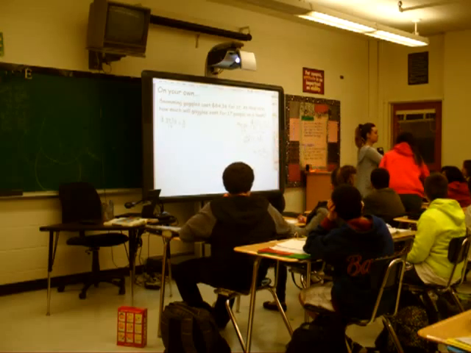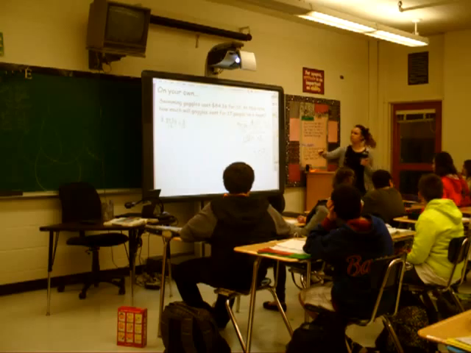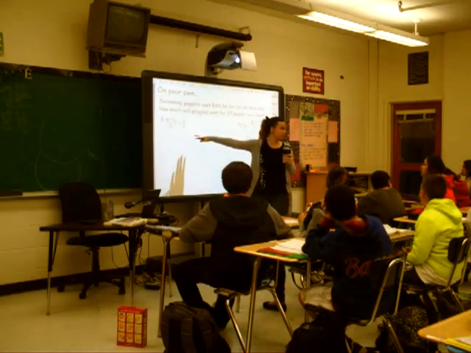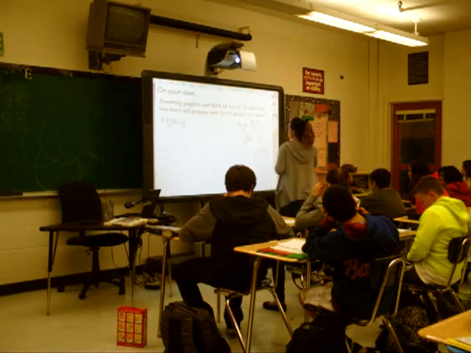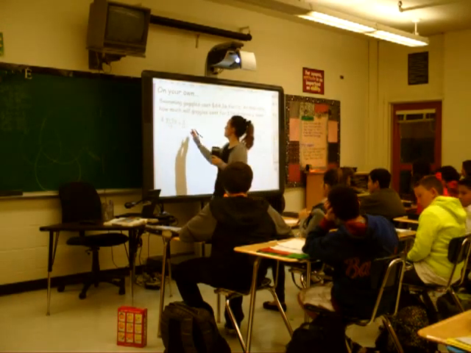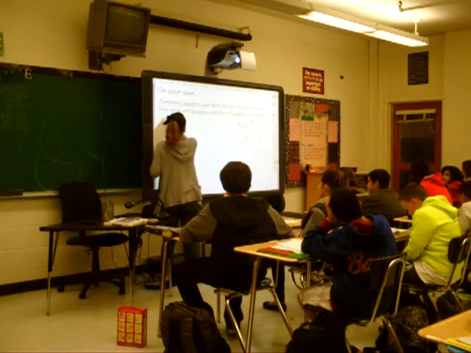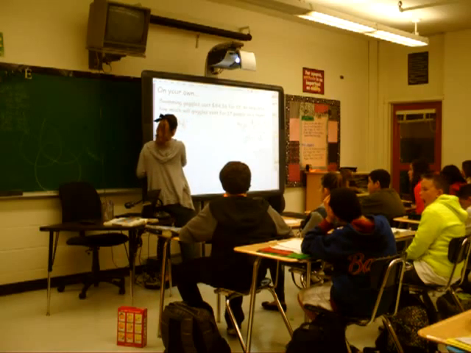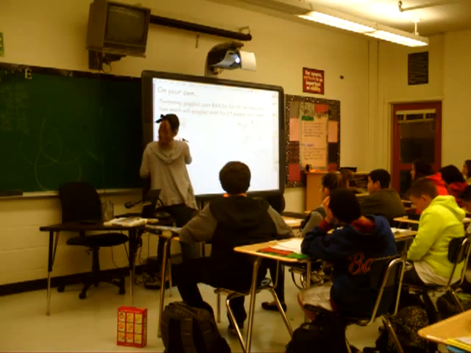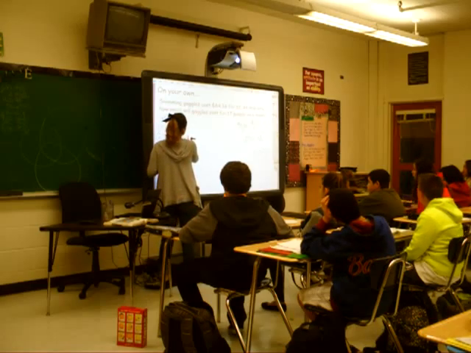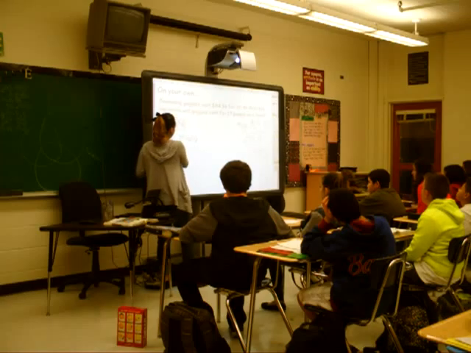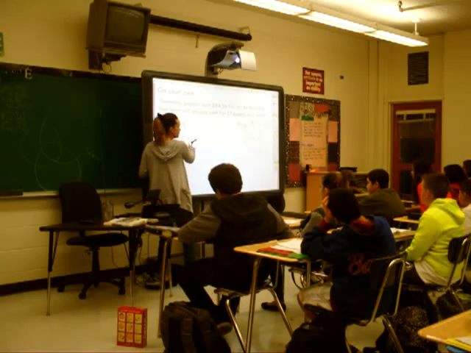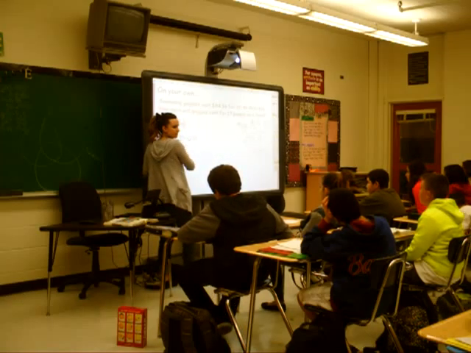Did you do cross products? Did you do this one? Setting up a proportion? Okay, so if you set up the proportion and you did your cross products, you would have gotten 12x equals 84.36 times 17.